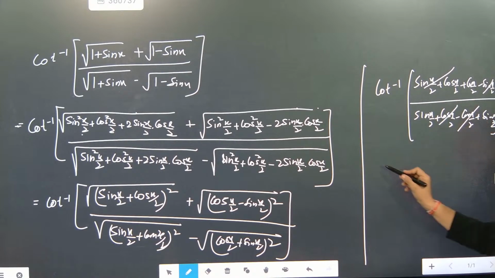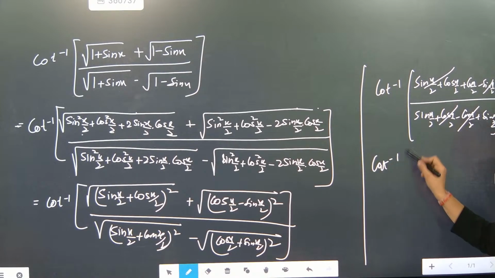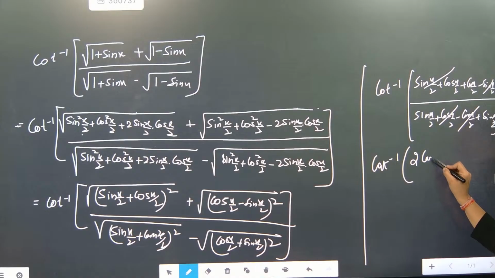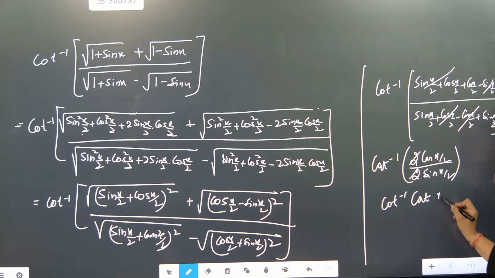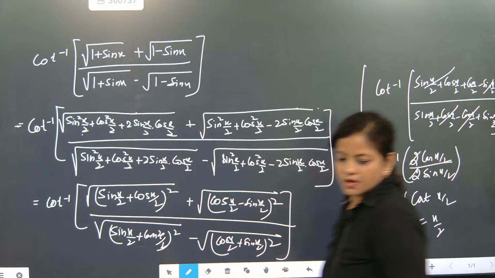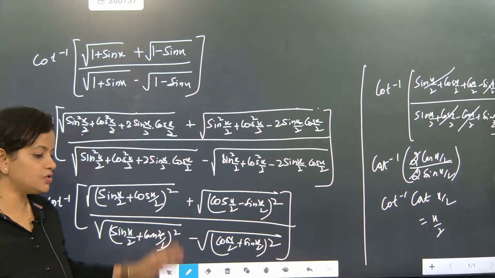So this and this will get cancelled. So cot inverse of 2 cos x by 2 by 2 sin x by 2. Cancel. Cot inverse cot x by 2. Cancel. Answer is coming as x by 2. Very well done, Kishore. This is exactly the shots we are going to play.